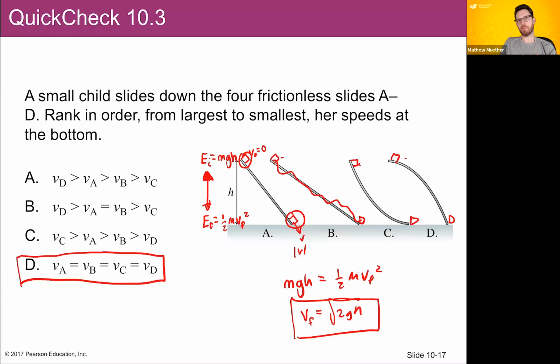So this is an example of a problem that's very easy to solve using energy conservation. This would have been challenging to solve using kinematics, right? If I had asked you to start with the initial velocity equal to 0 and then find the final speed using kinematics, well, the problem here is that the acceleration for many of these slide shapes is going to be variable as I move down that ramp, because the orientation of the slide is changing, right?